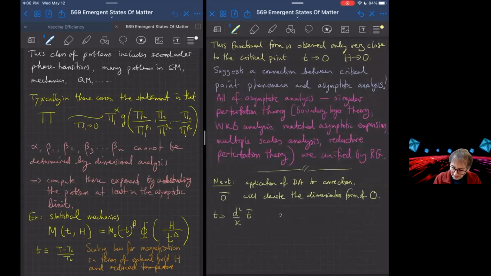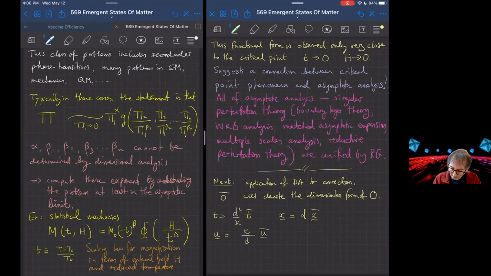We'll scale space by the spacing between the plates. So we'll call it x bar. We'll scale the velocity field by the thermal conductivity over the plate spacing. That gives you a normalized velocity field.